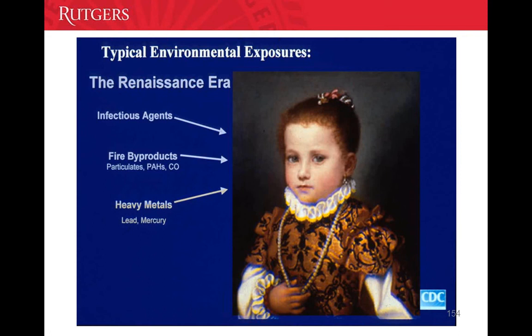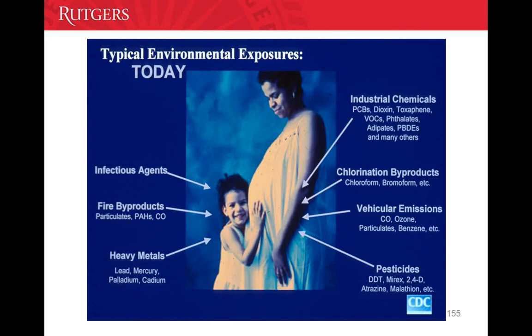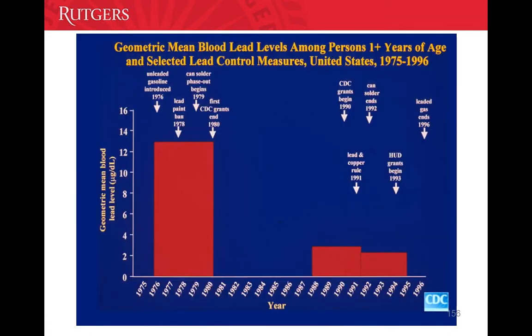Typical environmental exposures have always been infectious agents, fire byproducts, and heavy metals. But the typical ones for today are all those from the early years, plus the industrial chemicals, plus the chlorination byproducts, pesticides, heavy metals, and those resulting from motor vehicles. So the risk to mom, to baby, and to the unborn baby is pretty impressive.